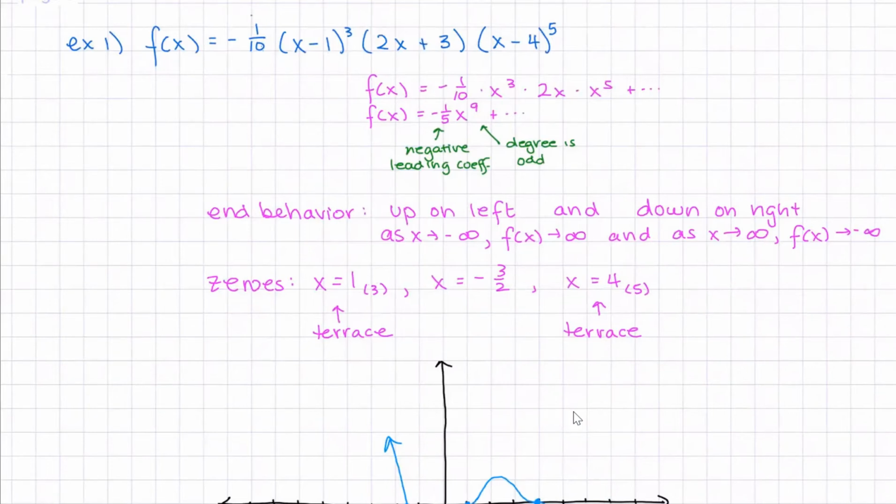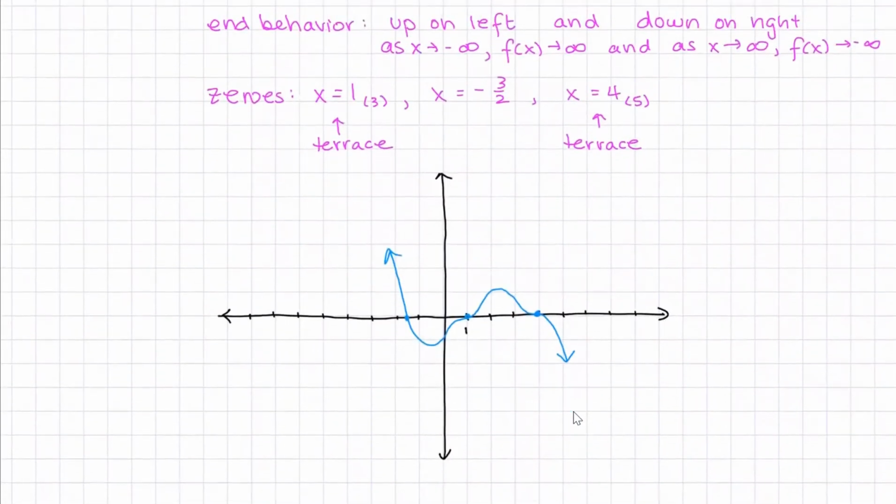All right, so then your graph should look something like this. Negative 3/2 is right there, but it doesn't do anything special. But it does terrace at x equals 1 and x equals 4. And then remember, it's up on the left and down on the right.